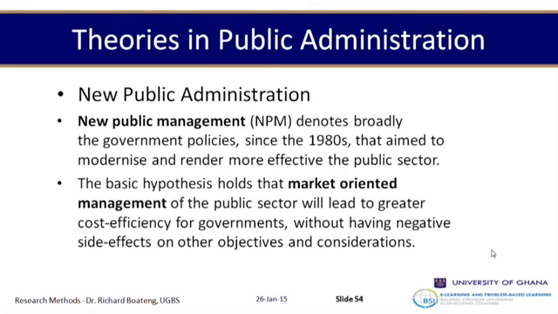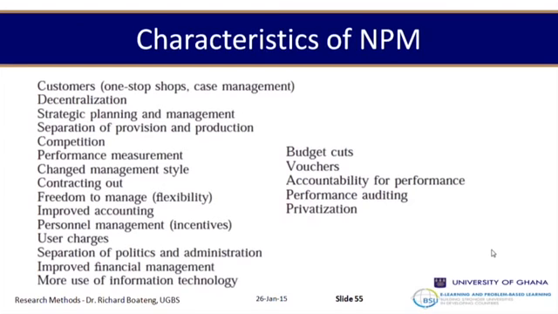Then in public administration, we have new public management, which talks about ways of modernizing the public sector. Some of the hypotheses within the new public management school of thought say there should be a market orientation of management, making sure the public sector becomes a place that is much more customer-centric and decentralized, not one big item trying to do everything by itself.